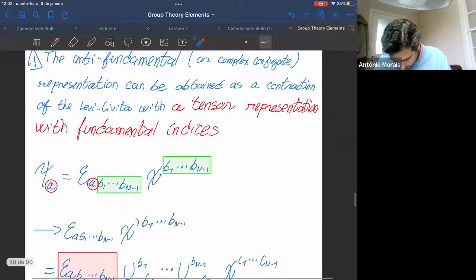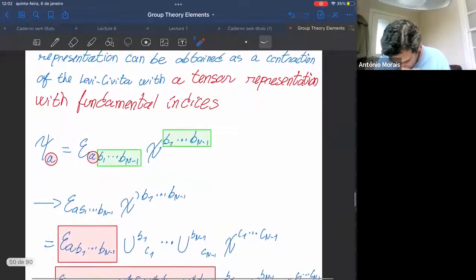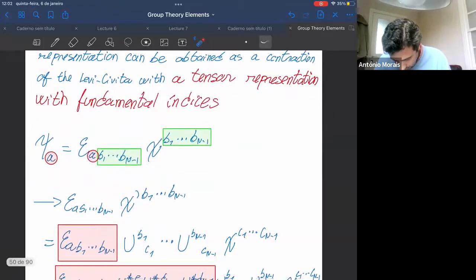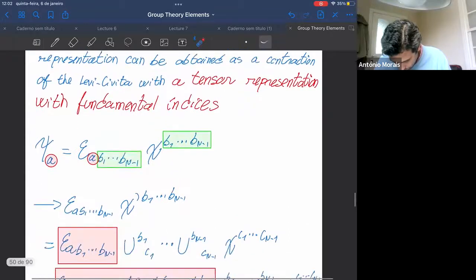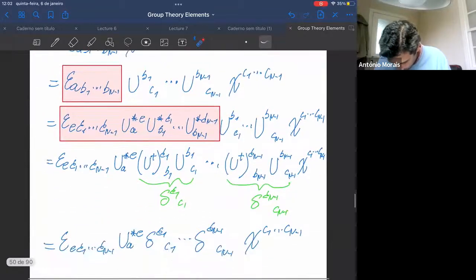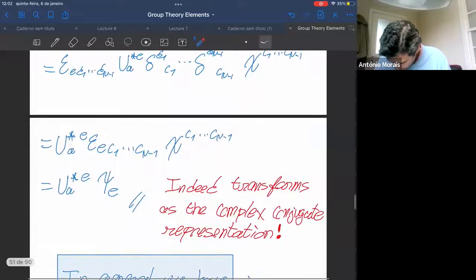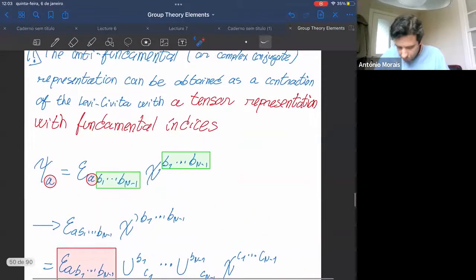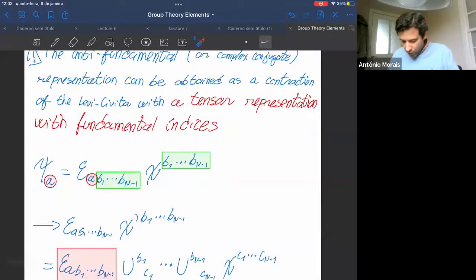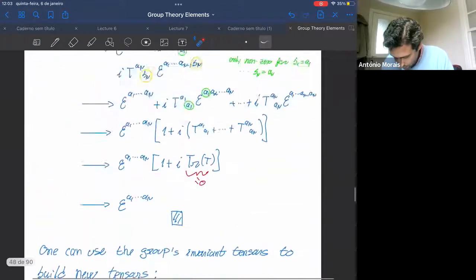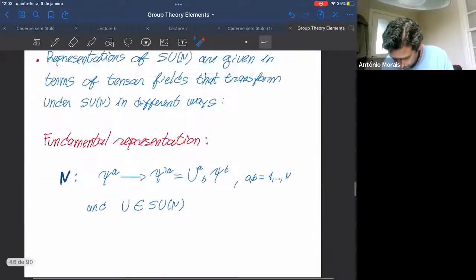So in essence, you can also see that this is indeed a group. Exactly. So what we want to prove now is that this psi a defined in this way transforms as the complex conjugated representation or the anti-fundamental. Recall what that is? So we go above again.